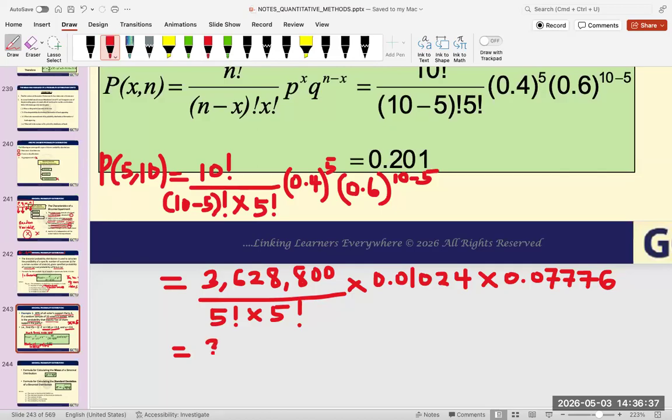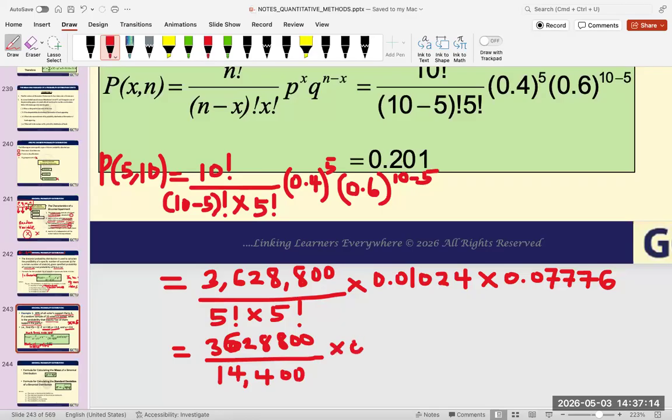We have 3,628,800 divided by, so let's now do 5 factorial times 5 factorial. 5 factorial multiplied by 5 factorial. I'm sure if you do it well, you have 14,400. Very good.